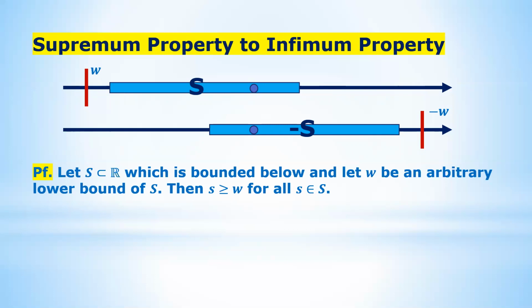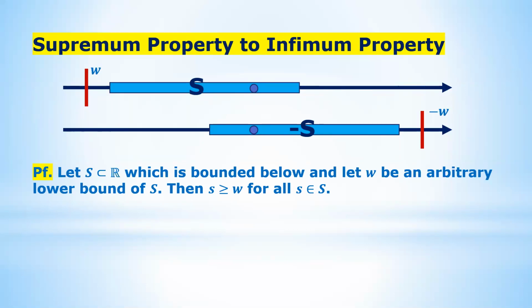And then you let w be an arbitrary lower bound of S. We need this to be arbitrary. There's no special property associated to w, just an arbitrary lower bound of S. So for this lower bound, you can see that s is greater than or equal to w for all s in S. Here we are just repeating the definition of the lower bound, right?